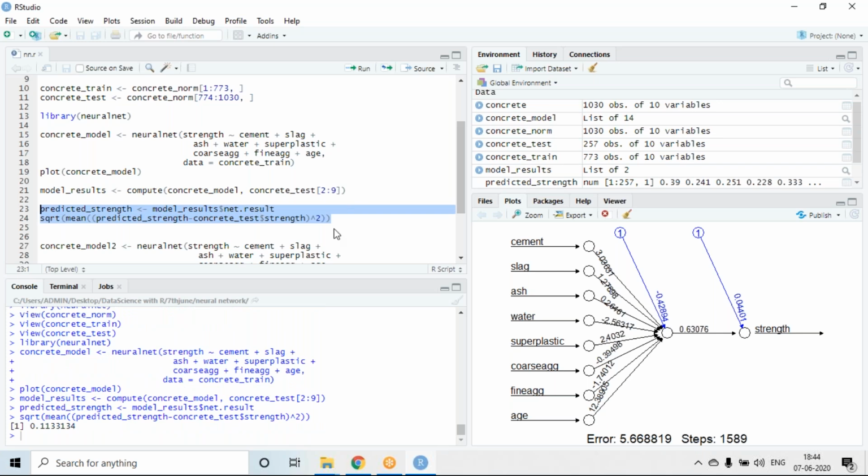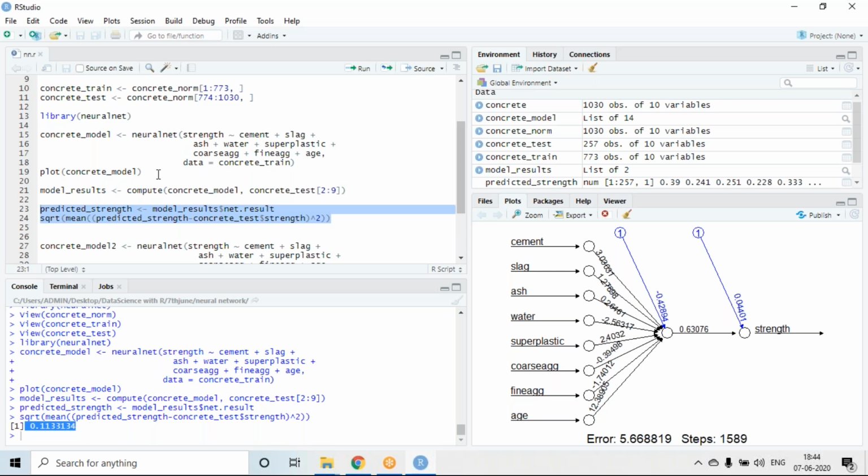See, line number 24 is RMSE. They have taken the mean of the errors and then taken the square root of that. So the RMSE score is coming 0.11. Now our job is to find another model where this RMSE score can be improved. That means the RMSE score can be reduced.